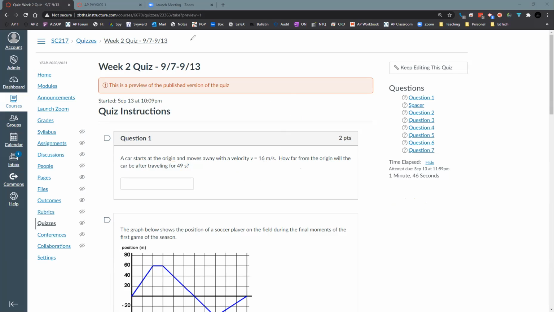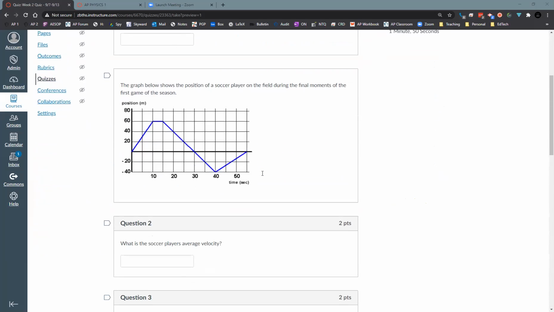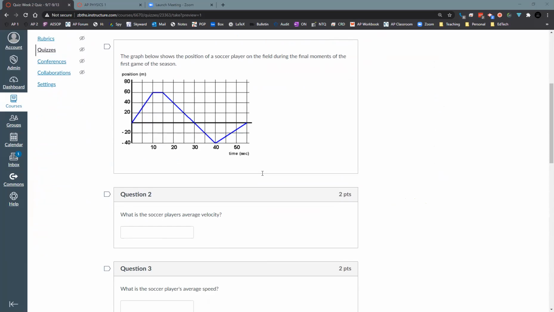For question 2, and for question 3 really at the same time, the graph below shows the position of the soccer player on the field during the final moments of a game. The first thing to note here is this time here is 55 seconds. That's going to play an important role in question 3. For question 2, it says, what is the soccer player's average velocity?